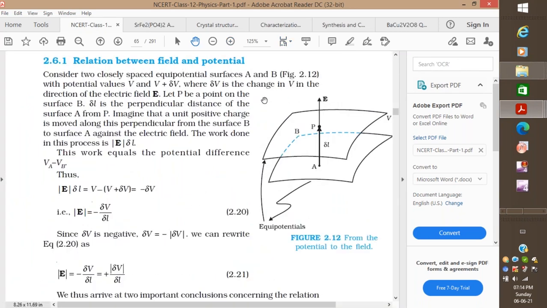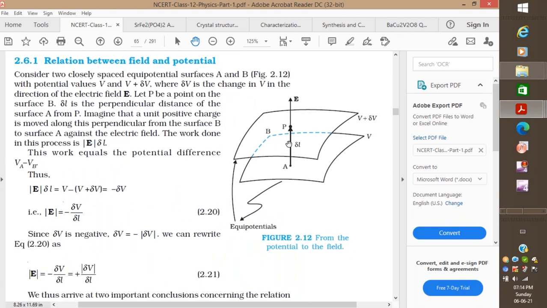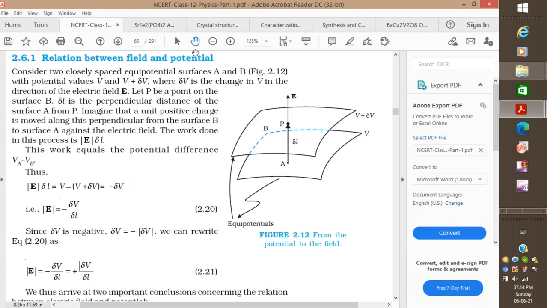Look here. I have taken two equipotential surfaces. The upper one has the potential V plus delta V. The lower one has potential V. Each point on a surface has the equal potential.